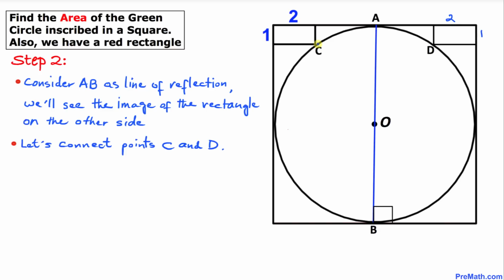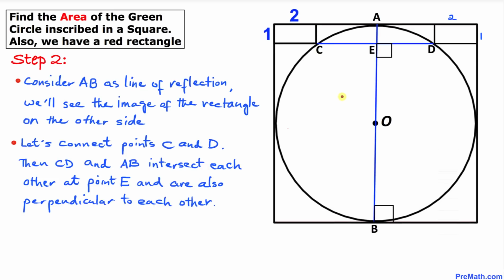Now let's go ahead and connect these points C and D really carefully. And here's our much nicer looking diagram. And moreover, this chord CD intersects this diameter AB at point E, and they are perpendicular as well.